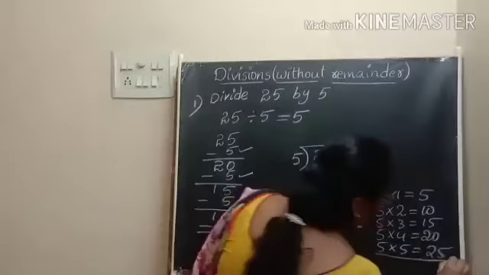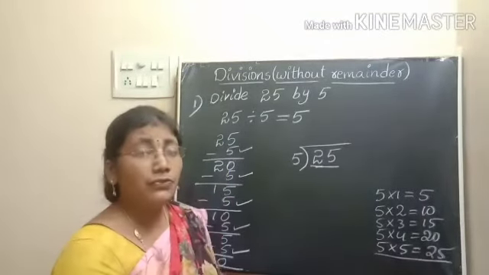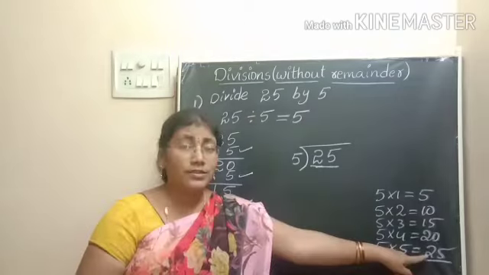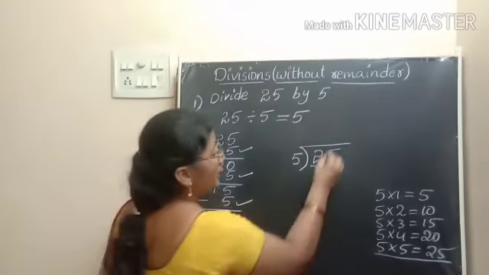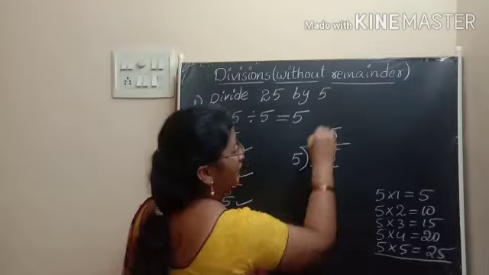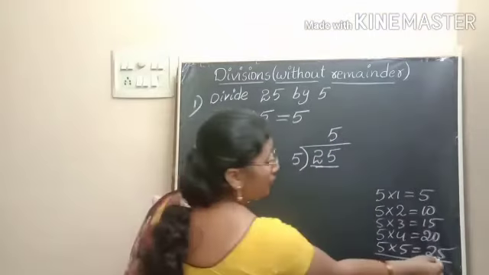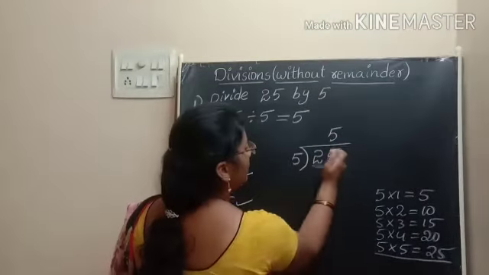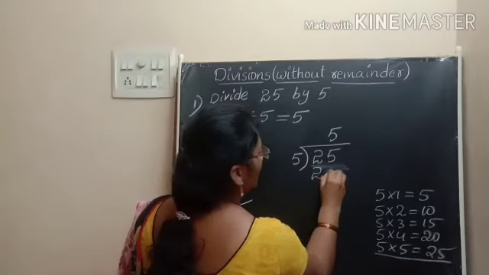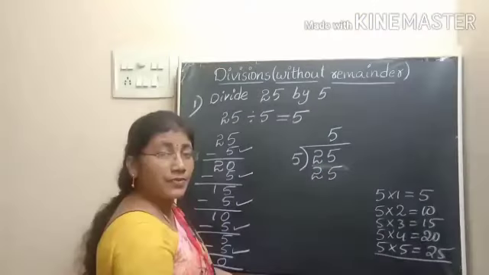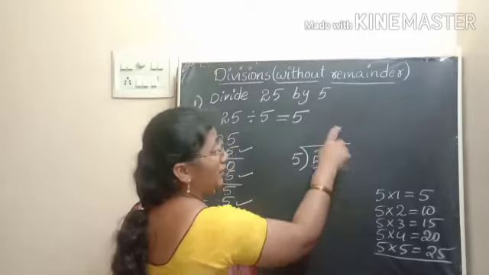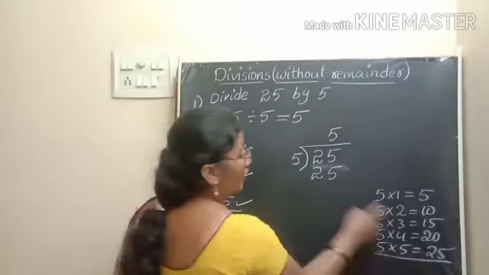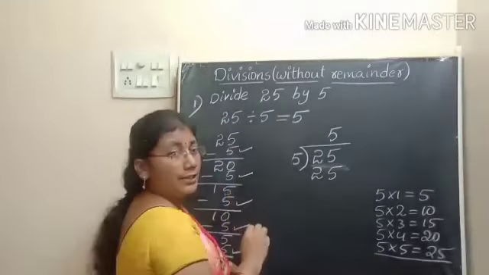So at the 5th step we get 25. We should write the step number here and the product here below the dividend.